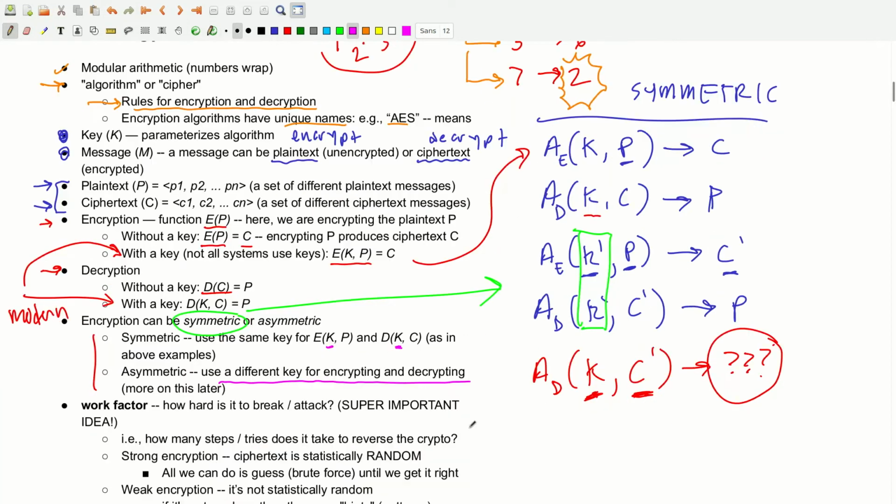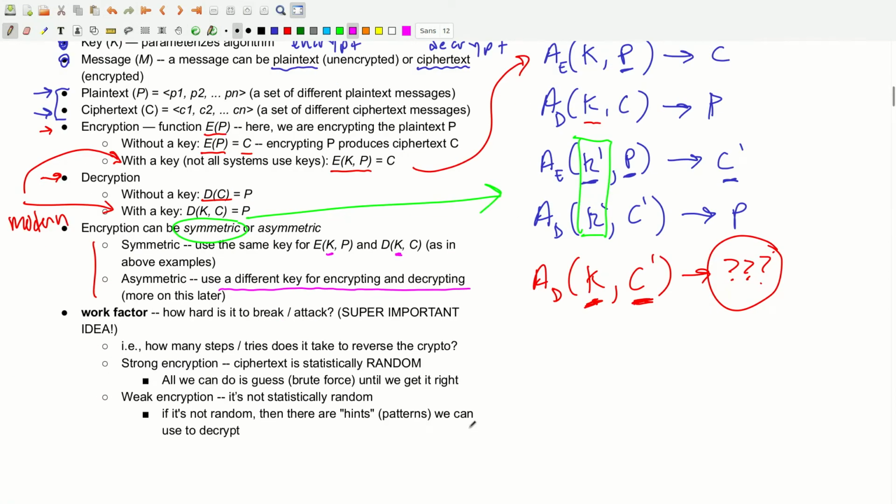Now, a really important idea about crypto is a thing called work factor. Okay? Now, I said before that if the encryption is strong, it's going to be statistically impossible or very unlikely that you would be able to decrypt it. Really what that means is how many different keys do you need to try, what can you guess about the algorithm, and so on.